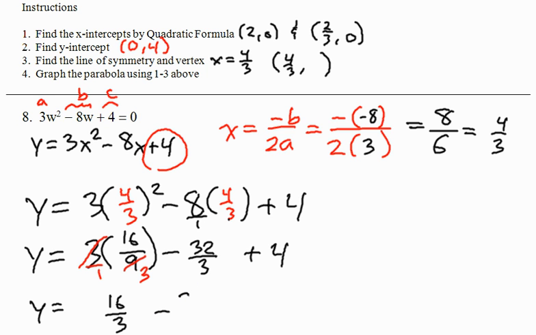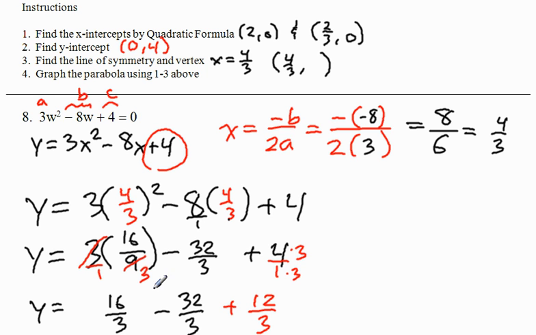minus 32/3. This time I don't need to change things to the same denominator except for on this term. To change 4 into thirds, it's 4 over 1, times 3 over 3. To convert that to thirds, that's 12/3.